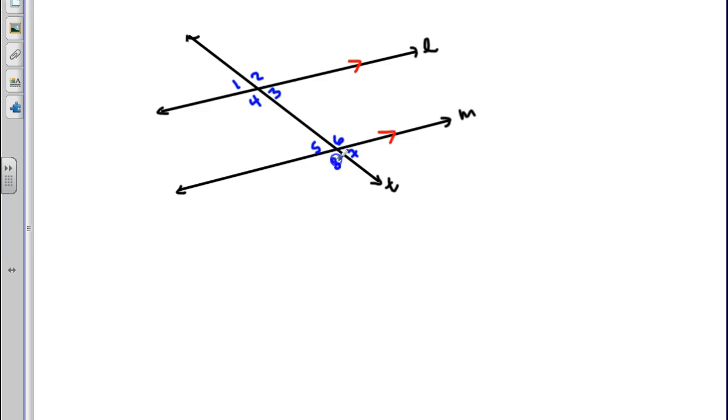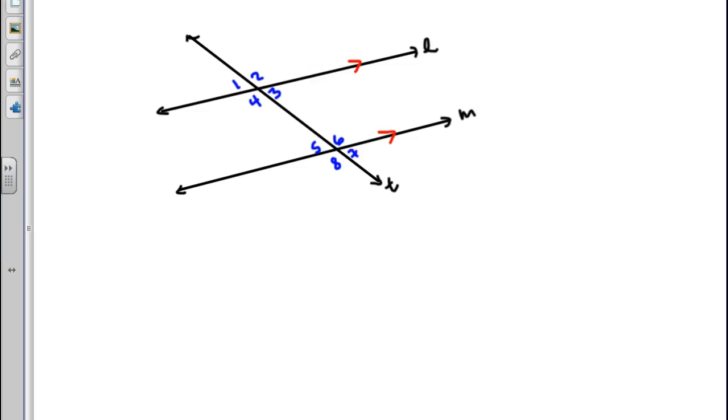Now, a special thing happens with parallel lines. We have corresponding angles. So remember, we talked about corresponding angles. If I pick up this group of 4 and land it right on this group of 4, corresponding angles are landing in the same spot, in the same spot of the transversal and the parallel line.